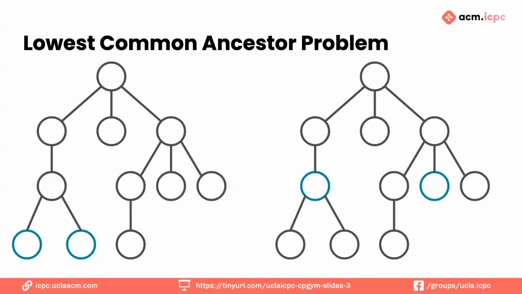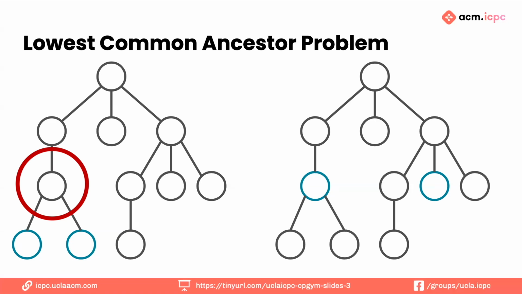So lowest common ancestor. We now know what ancestor means. Common is a canonical word, so we know what that means. And what does lowest mean? It just means lowest on the tree, graphically shown. So that's a common ancestor of these two highlighted nodes. And that's also a common ancestor of these two highlighted nodes, but this one is the lowest one.